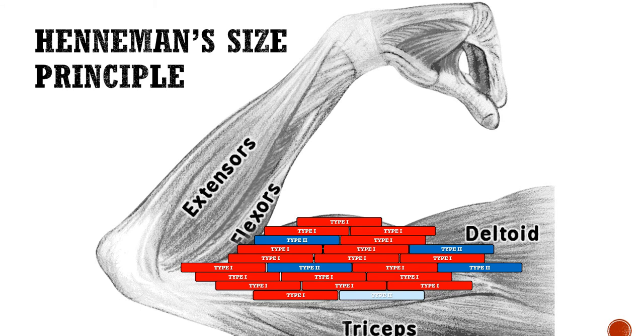And I've deliberately not highlighted that type 2 muscle fiber at the bottom right hand side there, just to illustrate the fact that we aren't able to recruit all of our muscle fibers altogether. And if you recall, we discussed this during your practical session a while ago, because this would never be advantageous in any situation.